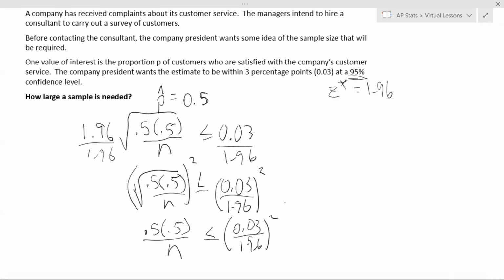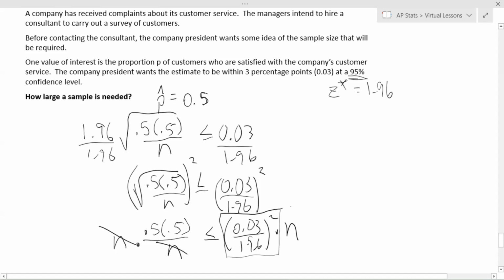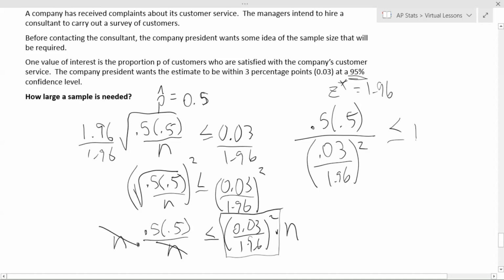Now, we have to get n out of the denominator. We can't just divide by the 0.5 and the 0.5 because the n is in the denominator. So we're going to multiply both sides by n, and that will cancel these n's. And then we're going to divide both sides by 0.03 over 1.96, squared. So I would have 0.5 times 0.5 over the quantity 0.03 over 1.96 squared, and that has to be less than or equal to n.